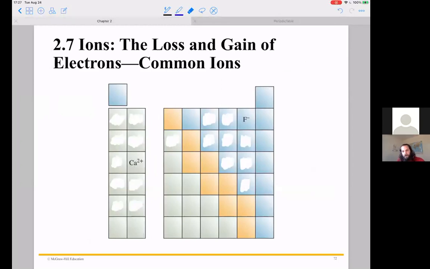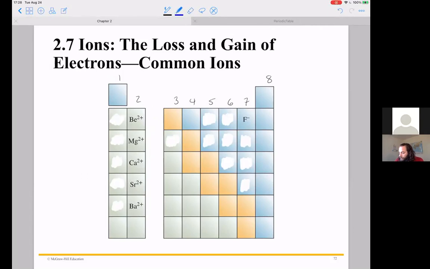And then it's not too hard to sort of figure out. So again, this is our periodic table: 1 valence electron, 2, 3, 4, 5, 6, 7, 8. It's not that hard to figure out that everybody in this column here is in the same situation as calcium. They all want to get rid of 2 electrons in order to get to a noble gas configuration, which means that they all form ions with a +2 charge.